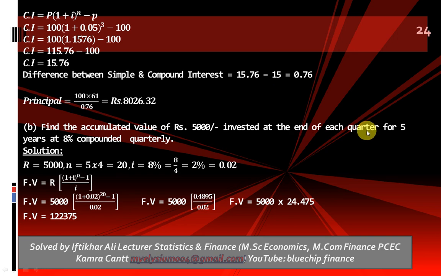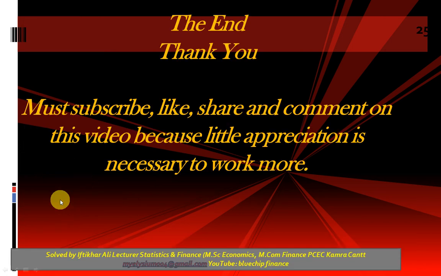For 5 years, n should be 20, because 1 year consists of 4 quarters, so there should be 20 payments. 8% is the annual interest rate, so when we convert it into quarterly it will be 2%, so 0.02, and the payment is 5000. So just apply the formula and put the values in, and the future value will be 122375.